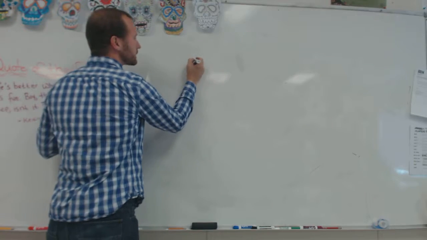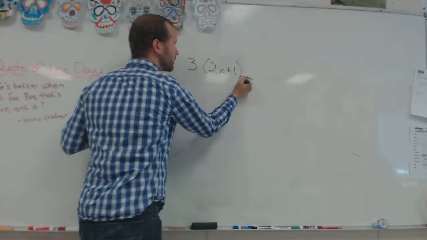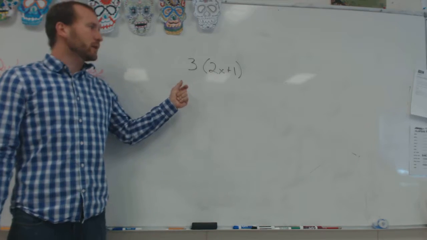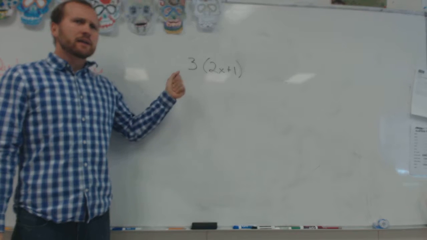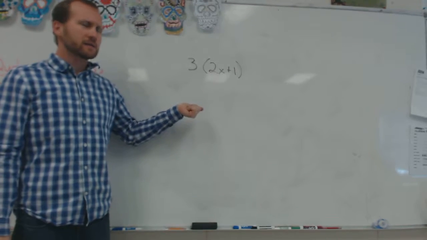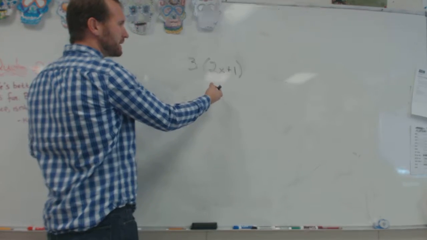What if I have this? 3 times 2x plus 1. Now, this is why we talked about the distributive property. Think about what I said. Terms are separated by plus signs. But look at this. Nothing is separated by a plus sign here.